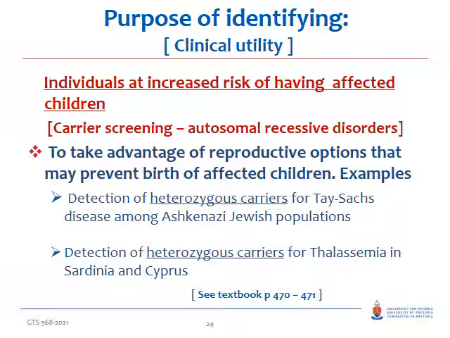Common examples are carriers for the HEX-A gene for Tay-Sachs disease in the Ashkenazi Jewish population in America, or testing for thalassemia in Sardinia and Cyprus. I will discuss reproductive genetics in a future lecture next week.